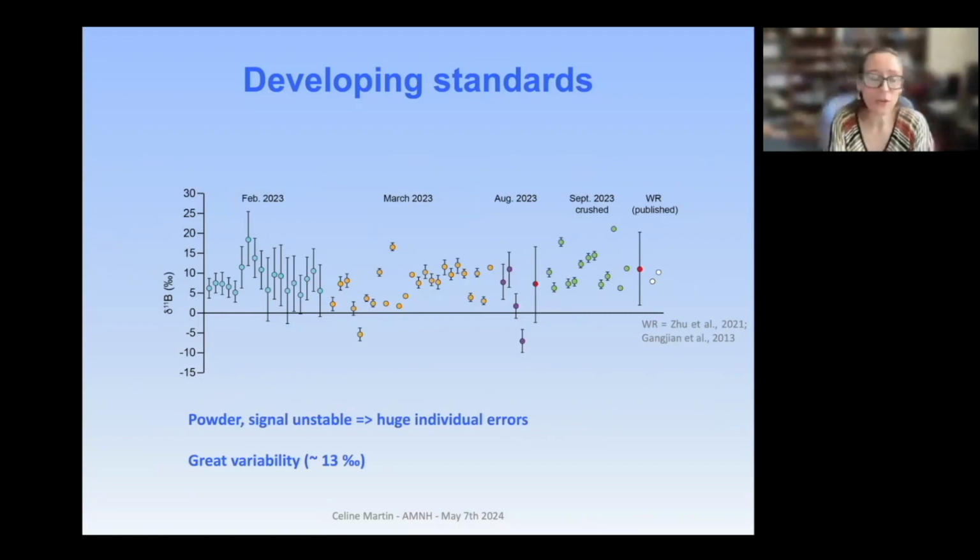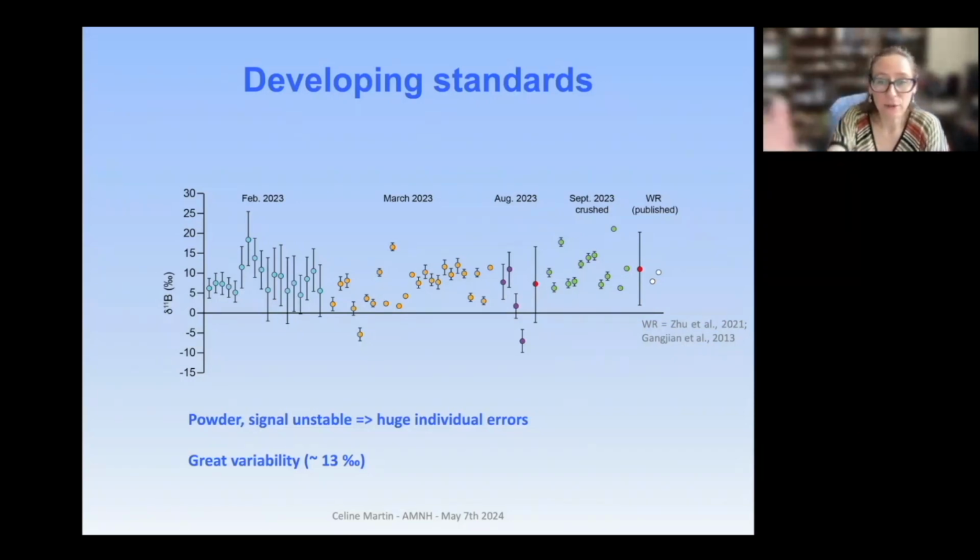So I tried to make a pressed pellet with this powder and analyze it by laser ablation. What we can see immediately is that it's terribly unstable. Both the analyses themselves and the error bars are huge. It varies, as you can see on that diagram, from -15 per mil to +30 per mil. So it's really not great.